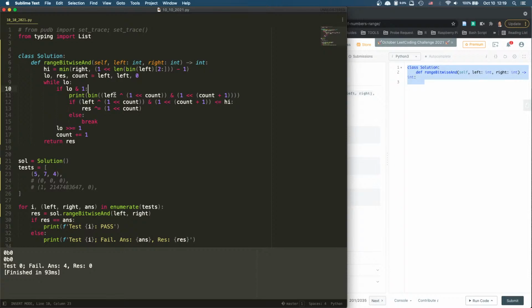Why would it be 0? Because this is not AND. This is not AND. What is it? So I exclusive OR. I turn that into a 0, okay? And then if I AND this, then everything is 0.